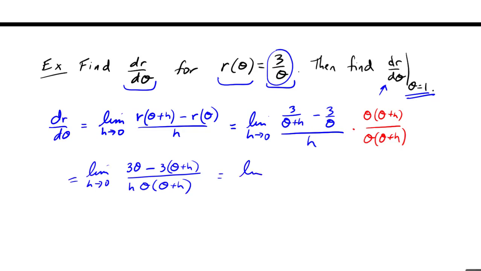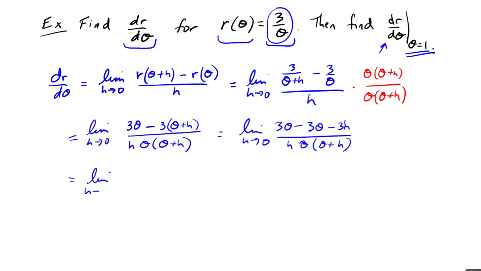Okay, keep working. So this is 3 theta minus 3 theta minus 3h all over h times theta plus h. Okay, keep going. 3 theta minus 3 theta, 0. So I get minus 3h over h times theta plus h. And notice what has happened. The h that was causing the 0 over 0 cancels out like before.